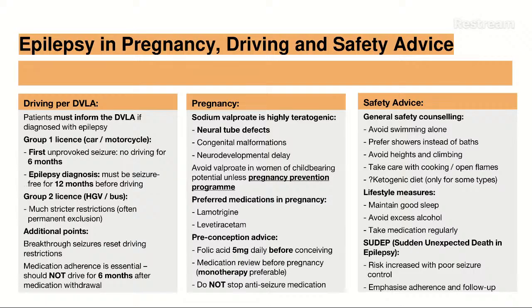In terms of preconception advice, folic acid, 5 milligrams as opposed to 500 micrograms, is recommended, and that's prior to a medication review, which might be done by a neurology consultant. Monotherapy is obviously preferable to multiple different anti-seizure medications.